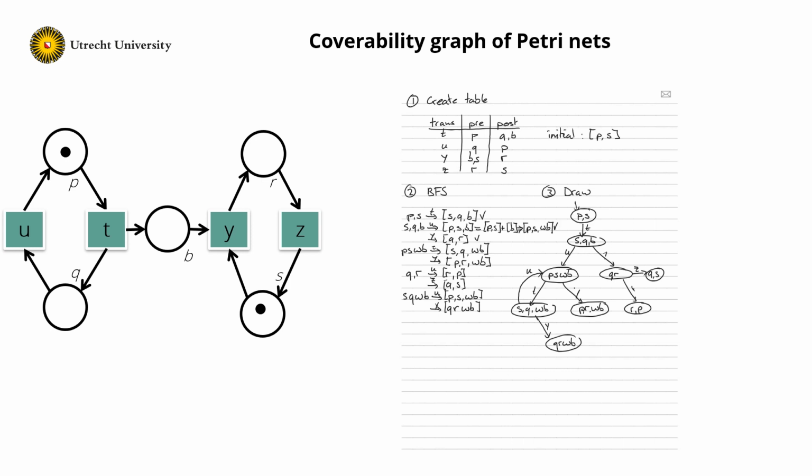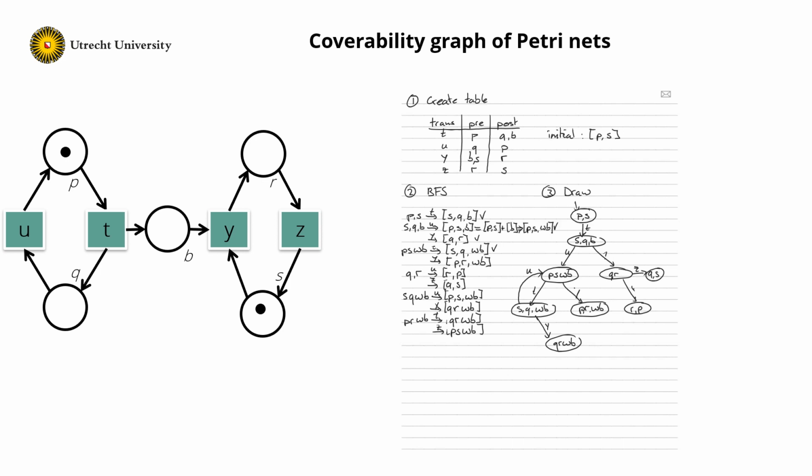Now the next one on my list is PR omega B. Transition T is enabled in it, so I can fire it, and that results in marking QR omega B. And transition Z can also fire from PR omega B, and that results in the marking PS omega B. So let's draw.